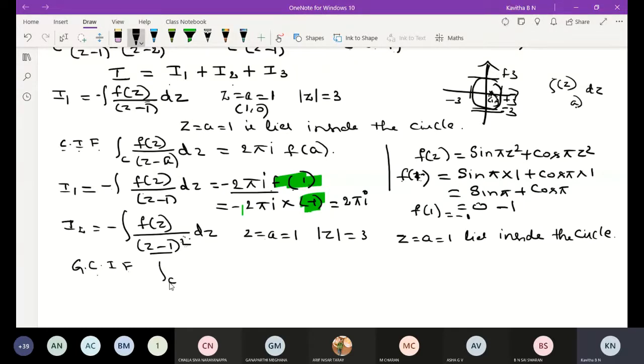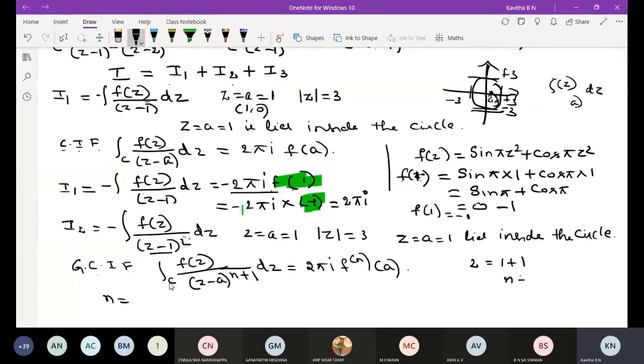Write the formula. Integral over c of f of z divided by z minus a whole to the power of n plus 1 dz is equal to 2 pi I into f to the power n of a. Here, what is the n value? 2 can be written as 1 plus 1, this is n plus 1.